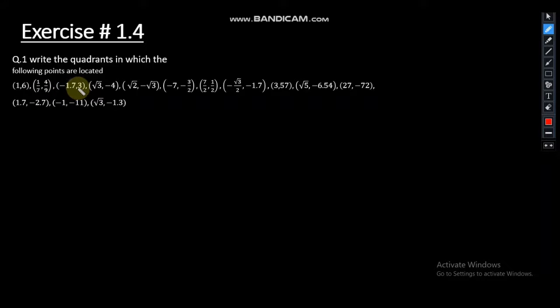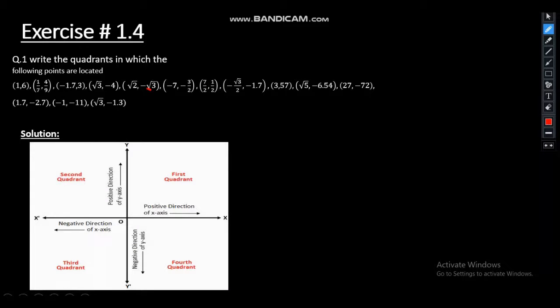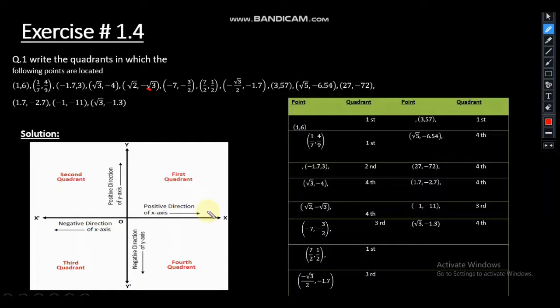7, 3, -4, -√3. These are the y-axis values. So now the solution: this is again the same coordinate, x-axis and y-axis direction. Now this point (1, 6): 1 and 6 are in the first quadrant. Here 1 is this, and next 1/7.